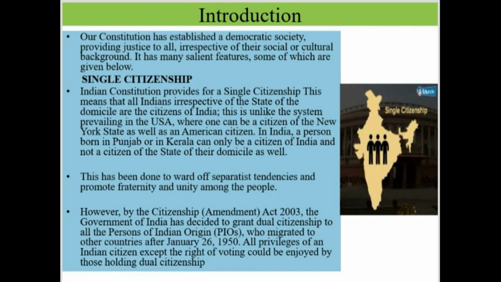One such amendment was made to the Citizenship Act in 2003. According to this act, there is also a provision of dual citizenship. And this dual citizenship is not for everybody.